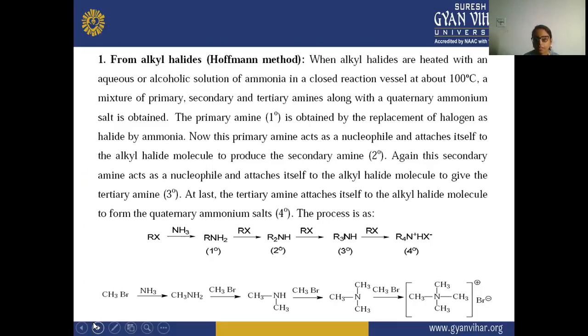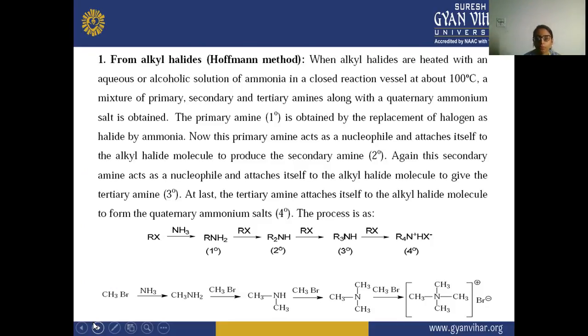So in the Hoffmann method, from the alkyl halides, there is the formation of the quaternary ammonium salt. When alkyl halides are heated with an aqueous or alcoholic solution of ammonia in a closed reaction vessel at about 100 degrees centigrade, a mixture of primary, secondary, and tertiary amines is formed, along with the quaternary ammonium salt.